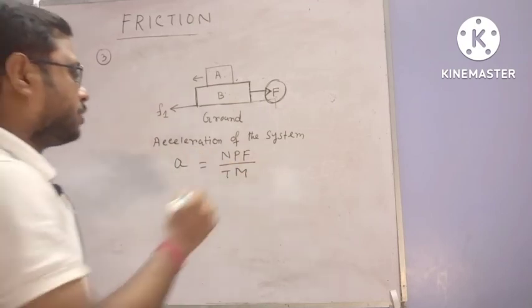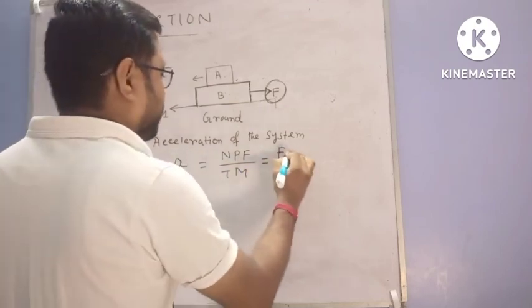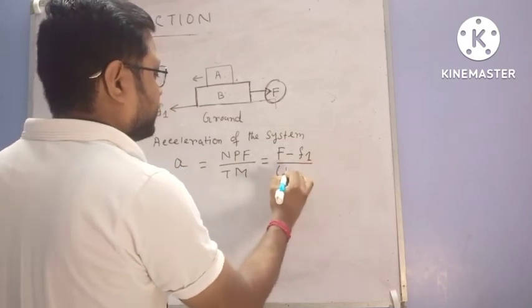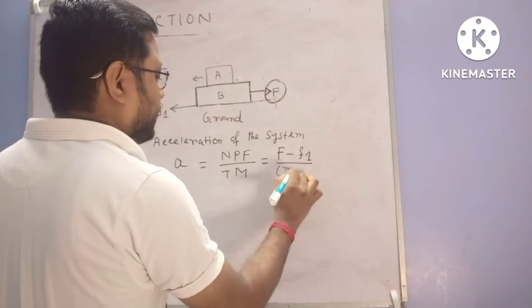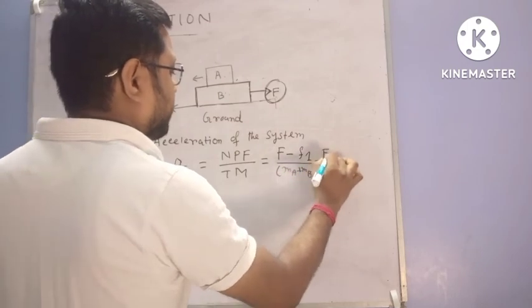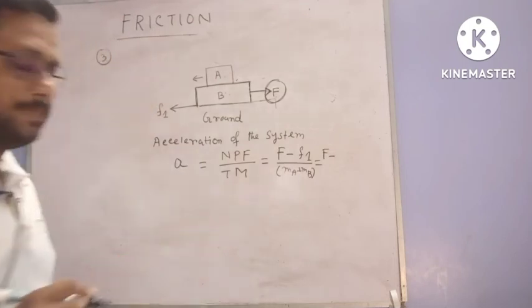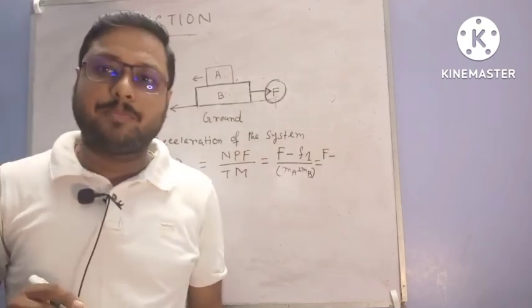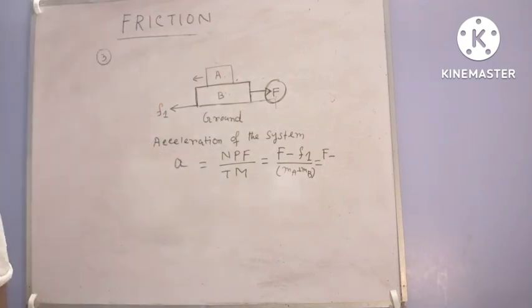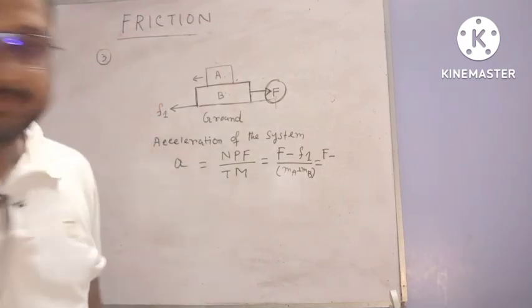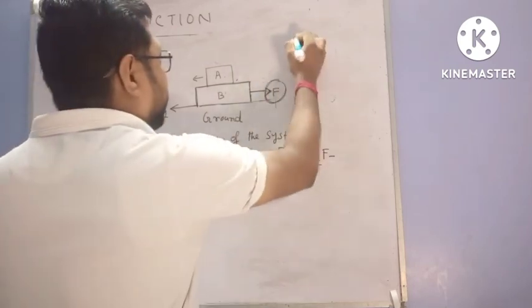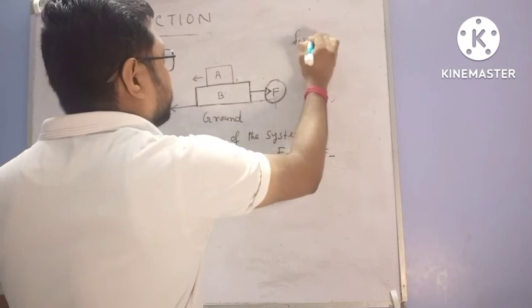What is the net pulling force? F minus frictional force F1, by the total mass of A plus mass of B. Now what is the value of F1? F1 is mu N.